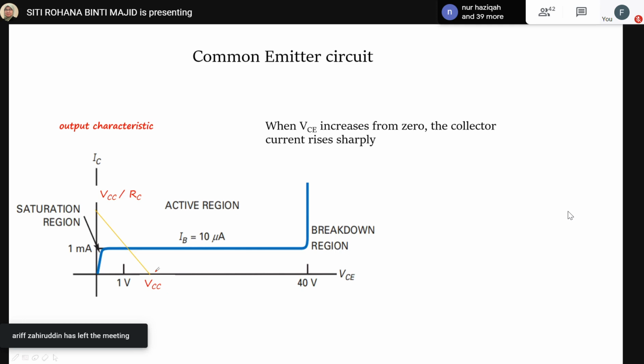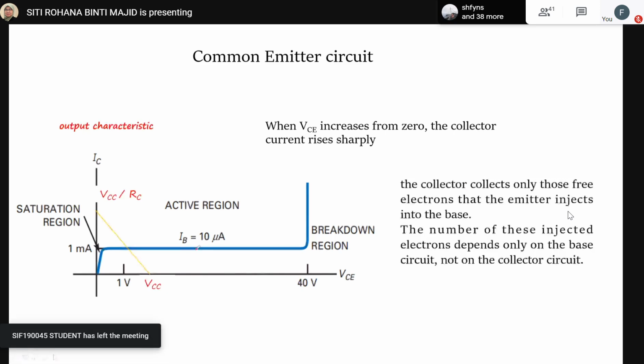So that means we see that IC is nearly constant and depends mostly on IB, and then we can have a Q point here.